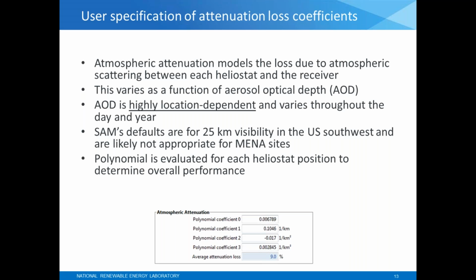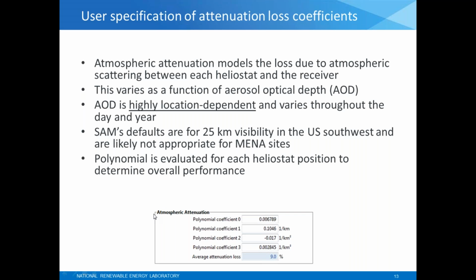These come from a study that was done in the 1980s, and we don't really have a lot of good data on this. So if you're looking for answers on which coefficients to put in here, unfortunately, there's not a lot of publicly available data, and it's definitely an area that needs more attention in terms of research.